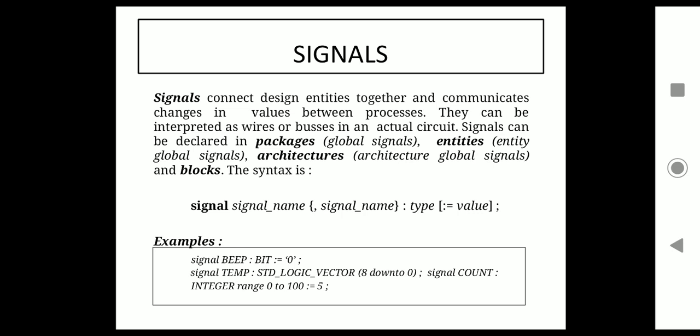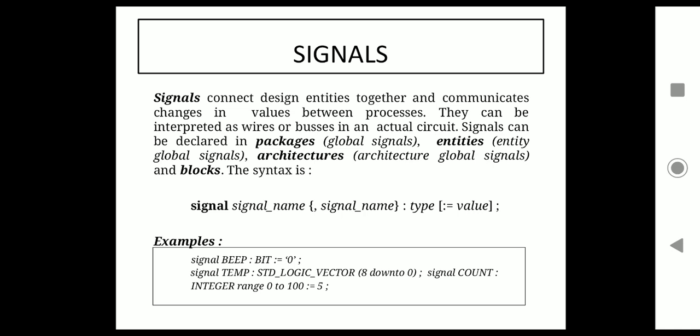Now this is the syntax of signal: signal, then signal name, then its type and its value. Now these are examples of how to define a signal. The first signal is beep, its type is bit and its value is 0.